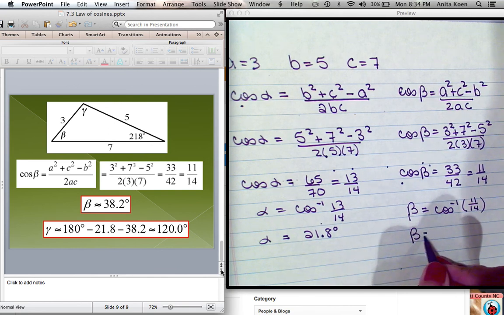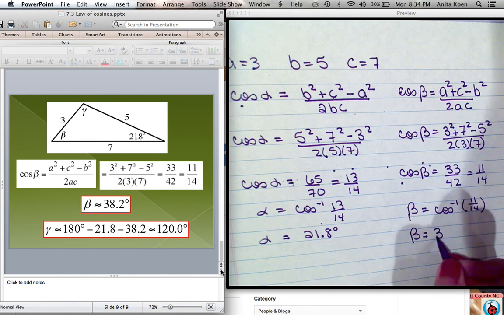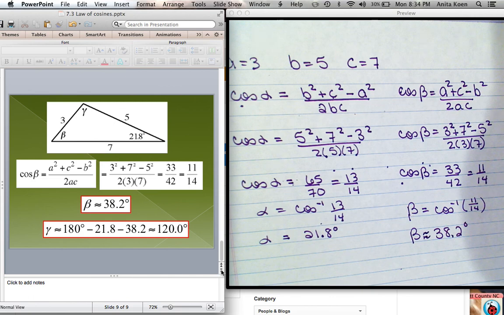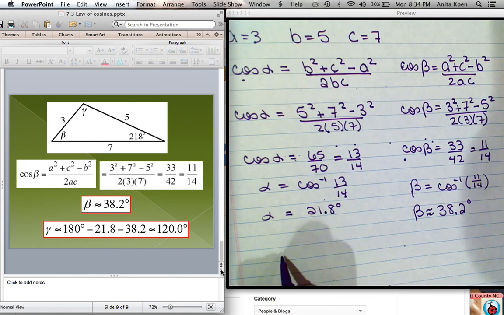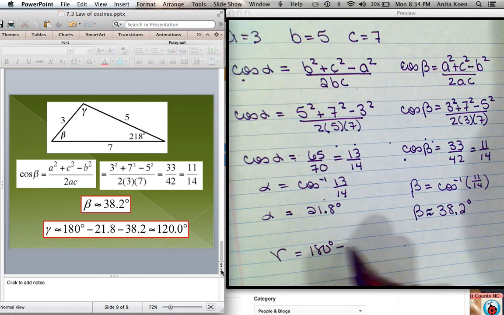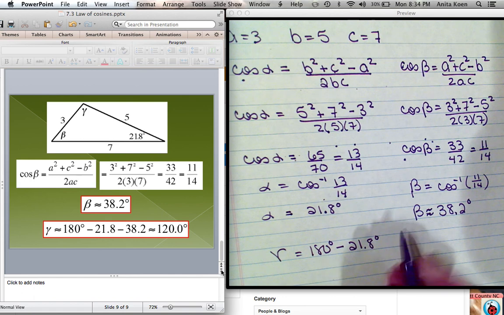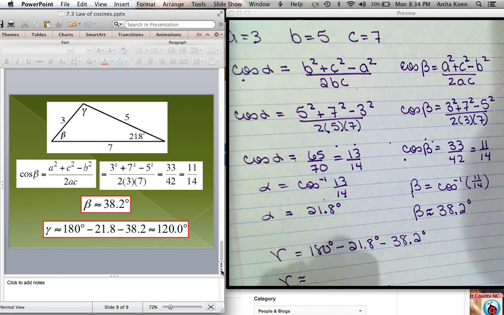So beta then gives me approximately 38.2 degrees. And then to find gamma, we're just going to subtract. So to find gamma, we're going to do 180 degrees minus 21.8 for alpha minus 38.2 for beta, and that tells me then that gamma is approximately 120 degrees.